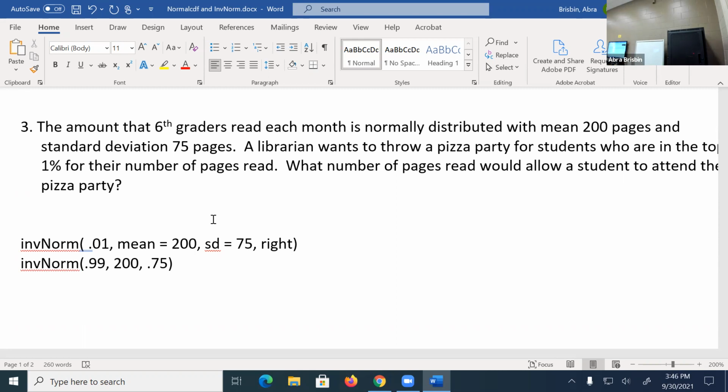So using the complement rule, if 1% of kids are to the right of this X value, then 100% minus 1%, or 99%, are to the left. So these two methods will give you the same answer. You just type them in a little bit differently depending on what calculator you have. Questions about this one?